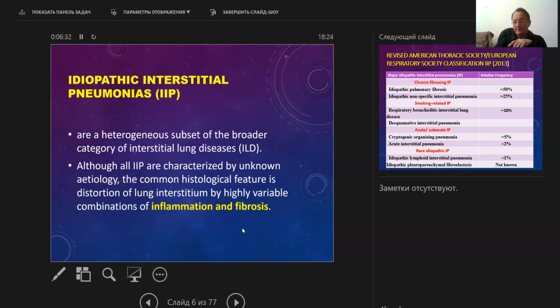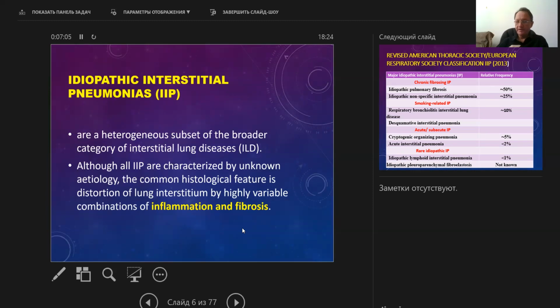For example, non-specific interstitial pneumonia has at least three morphological phenotypes, including prevalence of inflammation and prevalence of fibrosis. It is very important to know because prescribing treatment should be directed at the main mechanism of pathogenesis.